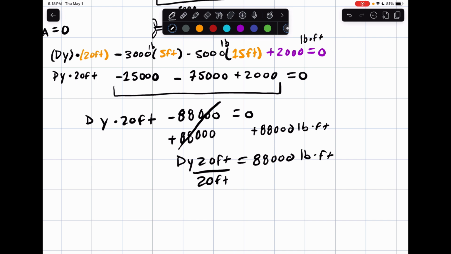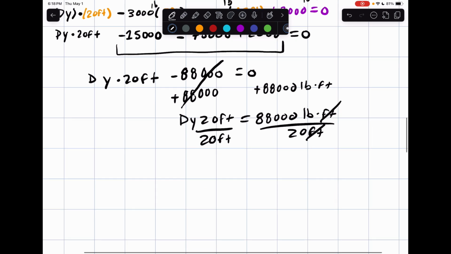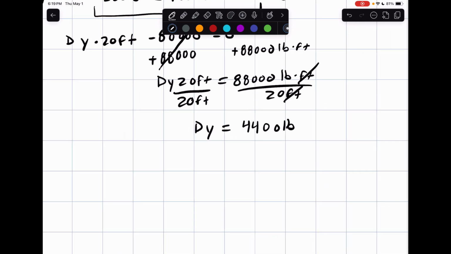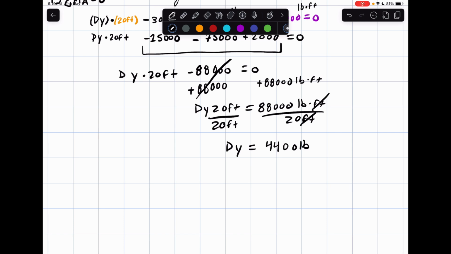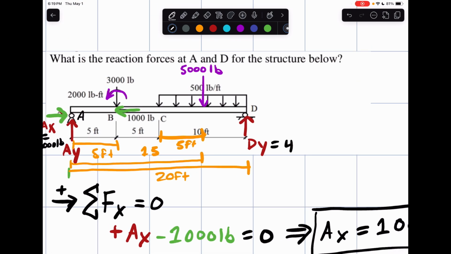Now, since we're dividing by that 20 feet here, our feet get canceled, and we get dy is equal to 88,000 divided by 20, which is equal to 4,400 LB. And that's pounds because our feet get canceled. So now we just solved for our second reaction force. So dy is equal to 4,400 pounds.